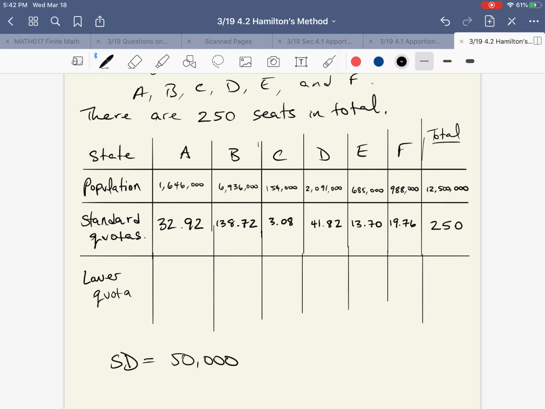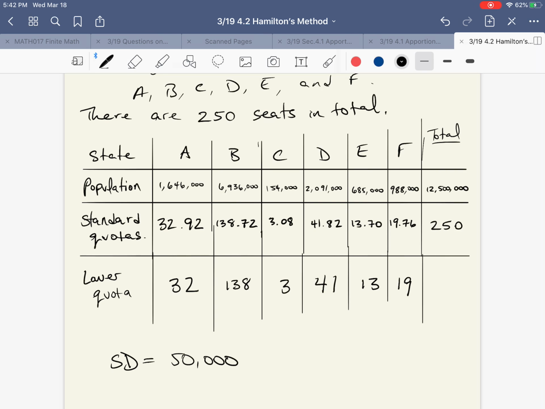So now, instead of 33, like normal rounding would give us, state A will get a lower quota of 32. State B will get a lower quota of 138. State C will get a lower quota of 3, which does match what it should have been rounded to. State D will get a lower quota of 41. E gets 13. And F gets 19.